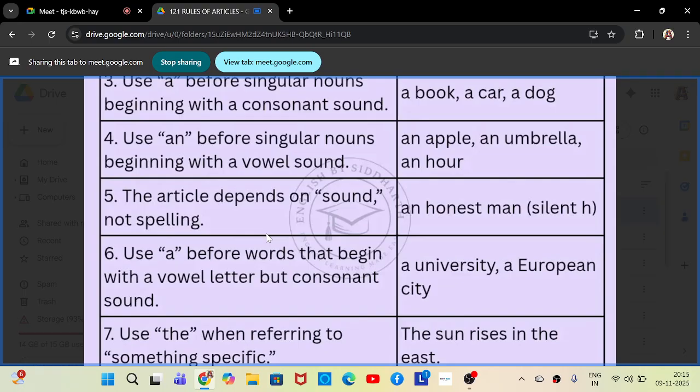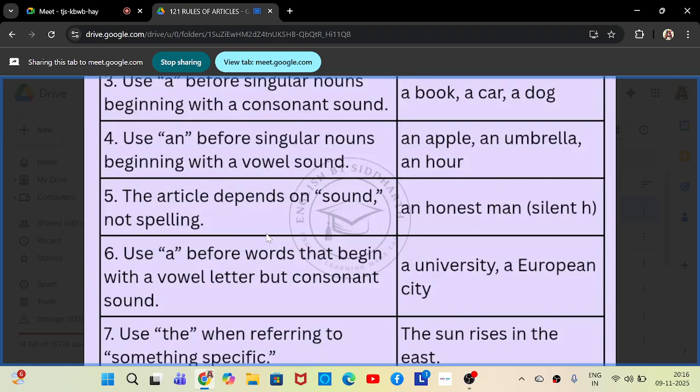So if H is silent, then you have to give importance to the second letter. What is the second letter here? O. Is it a vowel or a consonant? Vowel. So O has a vowel sound, so you use an hour.